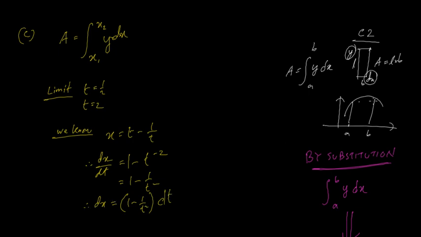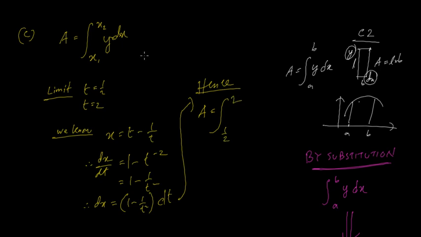So when we do the substitution, we can simply write, hence, area equals, the limit x1 to x2 is going to be t equals half to 2.